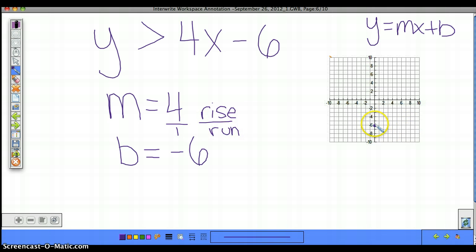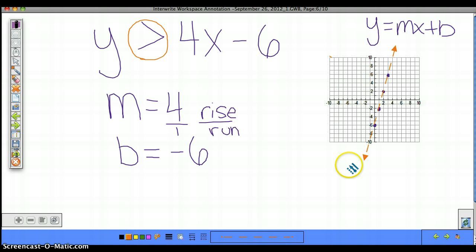So I'm going to go up 4, 1, 2, 3, 4, right 1, up 4, 1, 2, 3, 4, right 1, and so forth. Here I have just a greater than symbol. So it is not underlined, so I need a dotted line. Make sure yours is dotted.